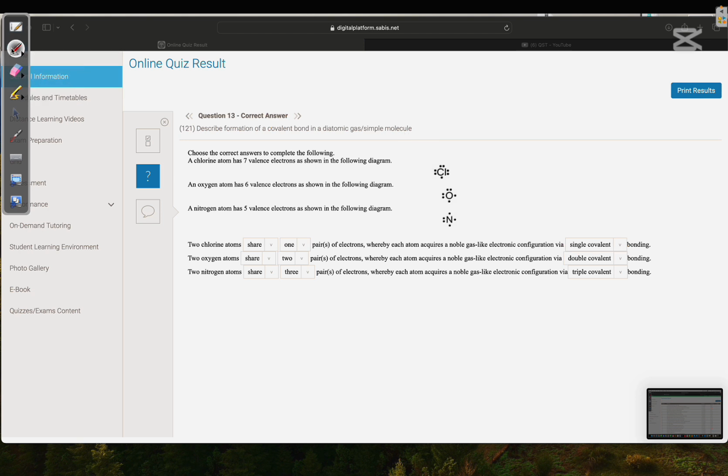Okay, now they want oxygen. Oxygen, 1, 2, 3, 4, 5, 6. Then let's draw another oxygen. 1, 2, 3, 4, 5, 6. Now oxygen is in group 16, meaning that each oxygen needs 2 electrons.